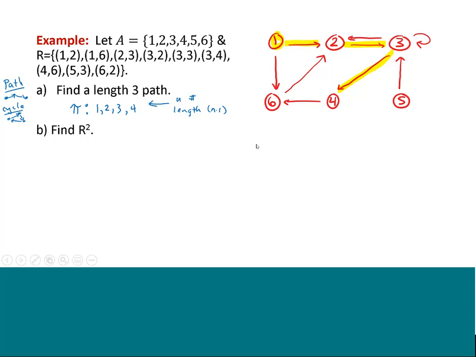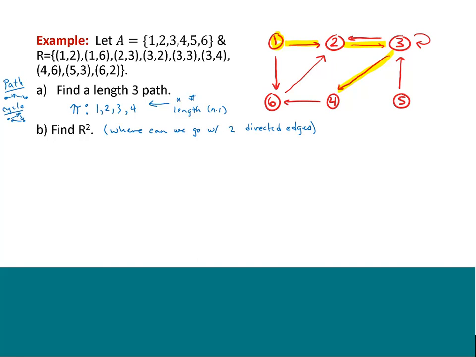So let me be slightly more precise here. This is: where can we go with 2 of our directed edges? Directed just meaning those arrows. It's easier to say all your length 2 paths, but it's actually a little bit more than that.